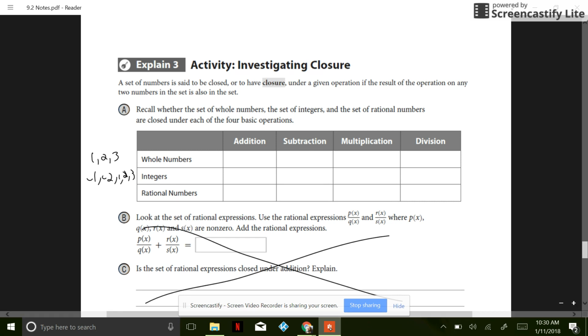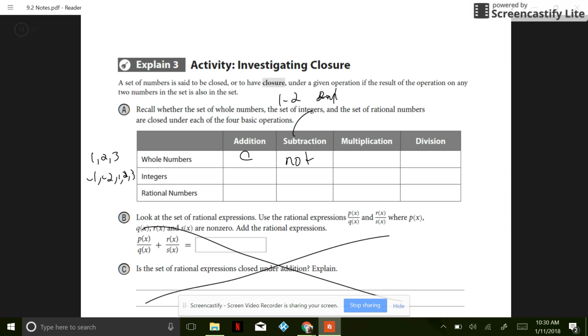So whole numbers are closed under addition. If I add two numbers, it's going to be another whole number. They're not closed under subtraction. Since whole numbers does not include negatives, if I did something like, sorry, 1 minus 2, that's got an answer of -1.